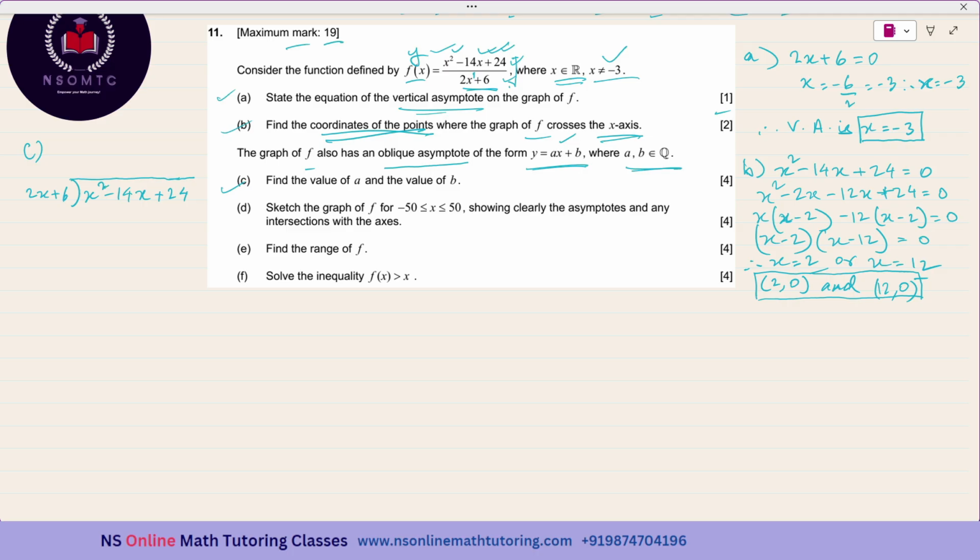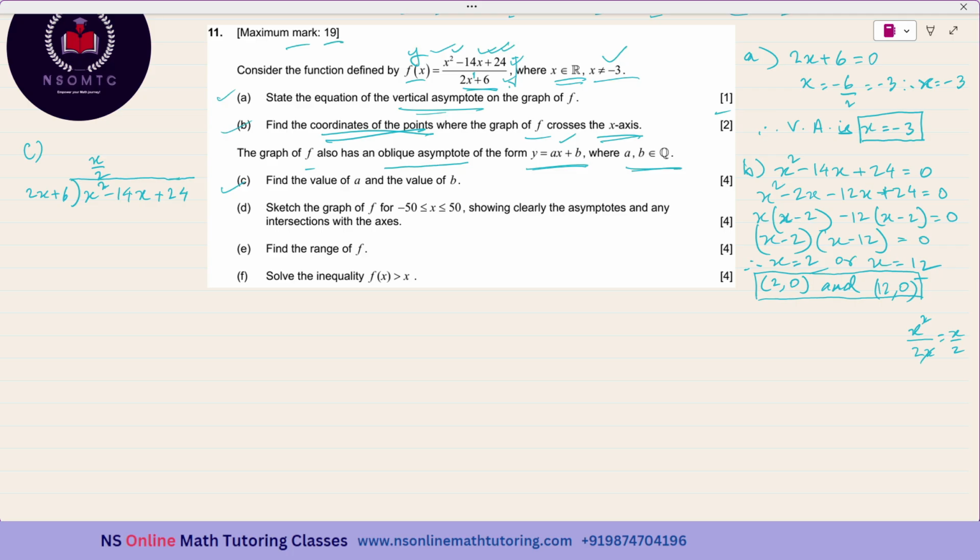So I need x square divided by, if I do it over here, x square is the first term of the dividend. This you have to divide by the first term of the divisor. So x square by 2x is equal to x over 2. This should be the first term of the quotient.